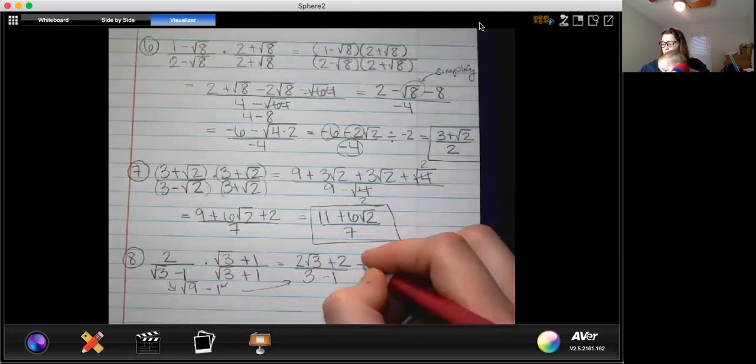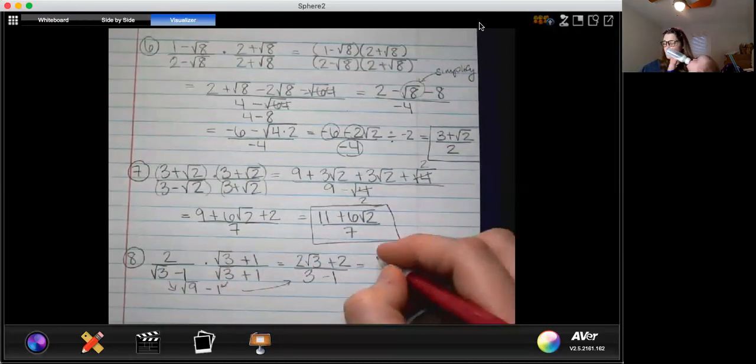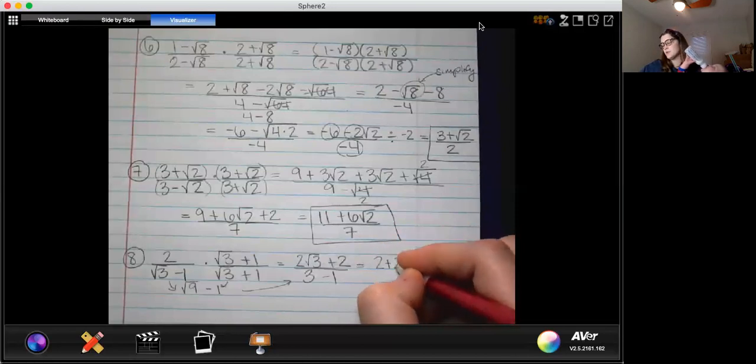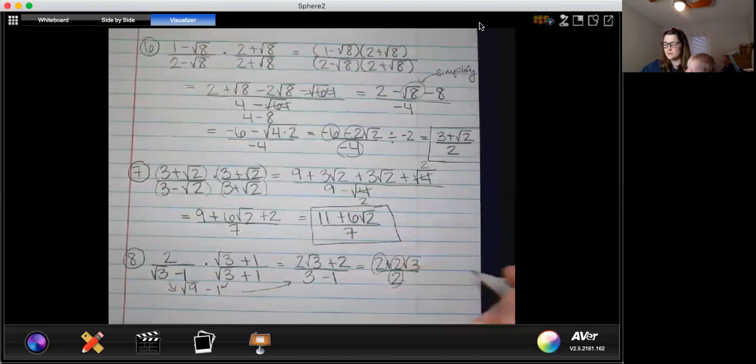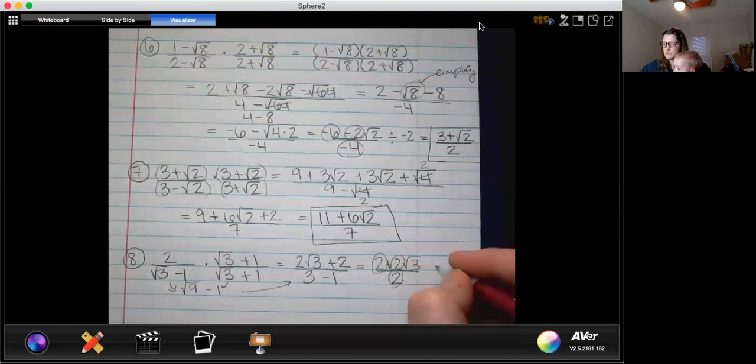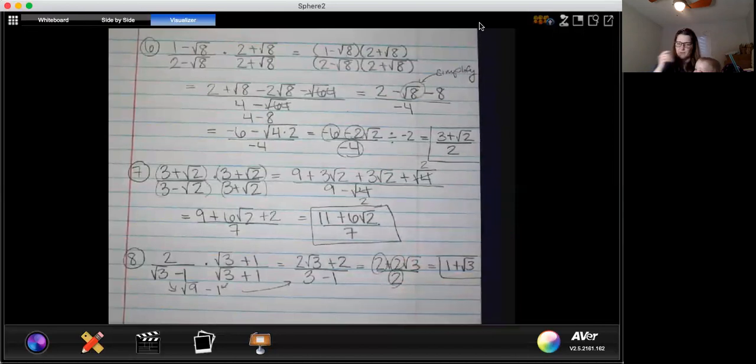So I'm going to simplify and rearrange. So I have 2 plus 2 square root of 3 divided by 2. All my 2's cancel. And so I have 1 plus square root of 3 as my final answer.